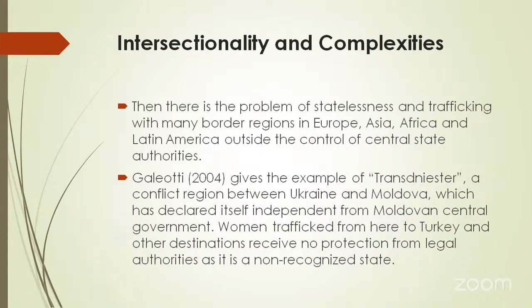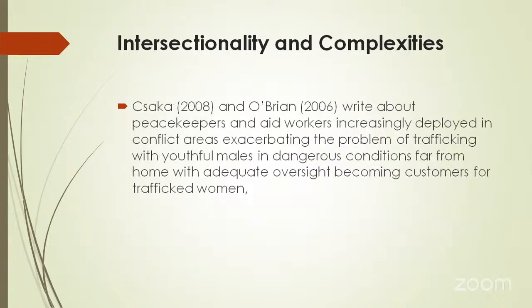So, for example, the Roma community in Europe, they don't have a state. So, these kind of intersectionalities and complexities further compound the fight against human trafficking. How can there be a non-state, sir?